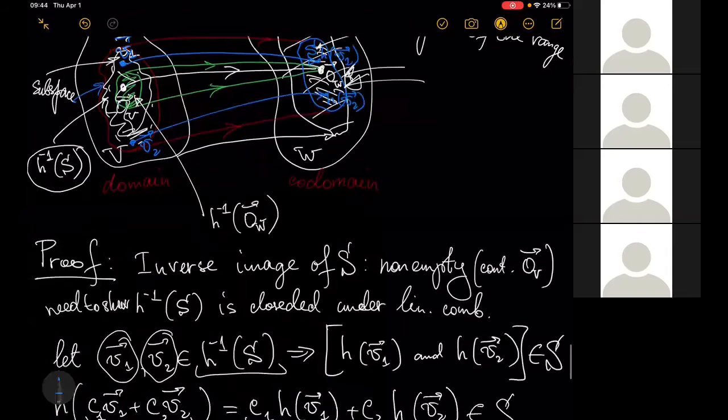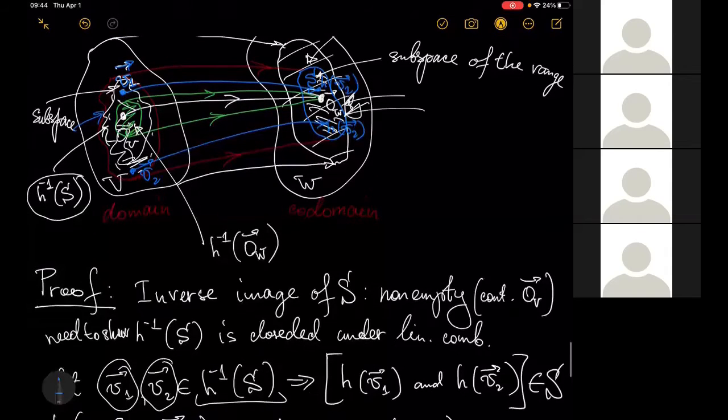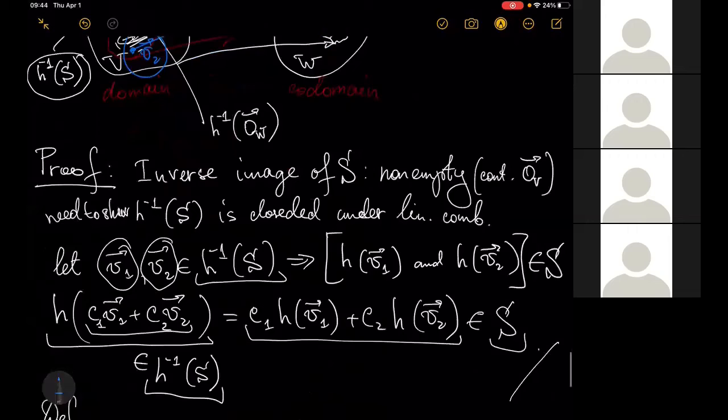Okay. So after that, let me consider a linear combination of these two vectors. If I apply the homomorphism, it also belongs to the subspace S, just from the linearity, right?